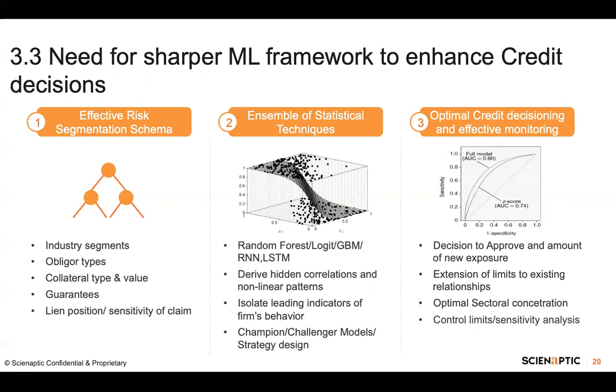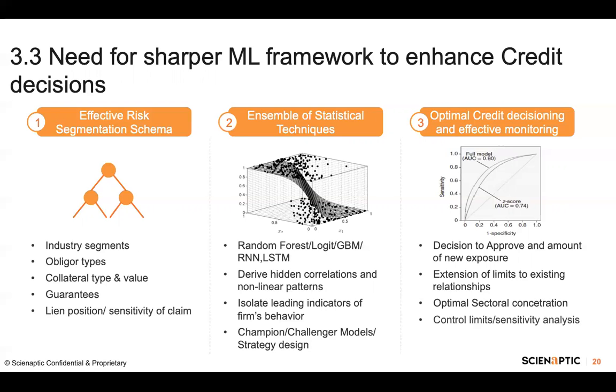However, we know that if in certain geographies the industry is primarily based on oil versus others based on trucking, the profile of these two could be very different, not just based on the application itself, but also based on what the macroeconomic trends within those geographies could be. So effective risk segmentation schema is a critical element.